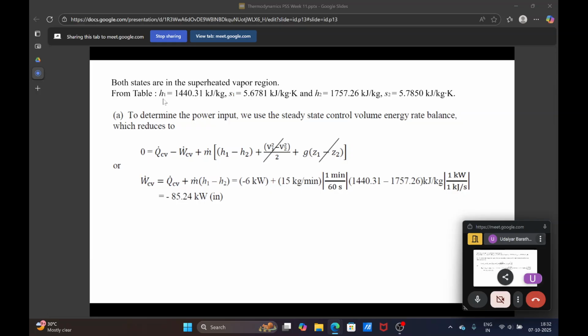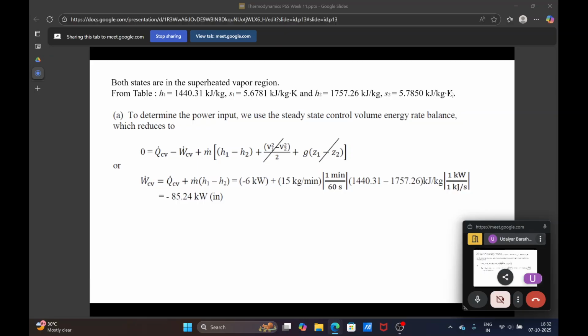It turns out H1 is 1440.31 kilojoule per kg, and S1, the entropy at inlet, is 5.6781 kilojoule per kg Kelvin, and the enthalpy at exit is 1757.26 kilojoule per kg, and entropy is 5.7850 kilojoule per kg Kelvin.